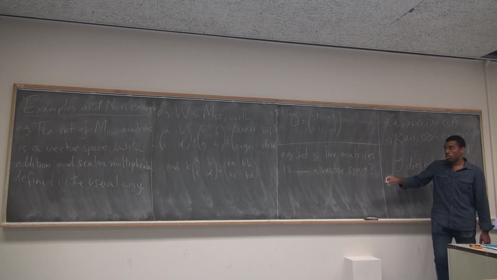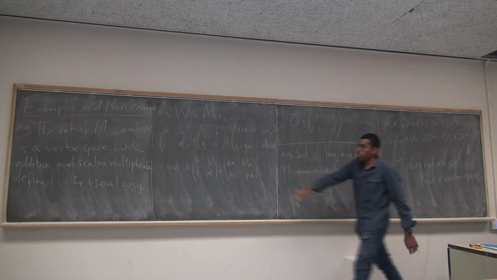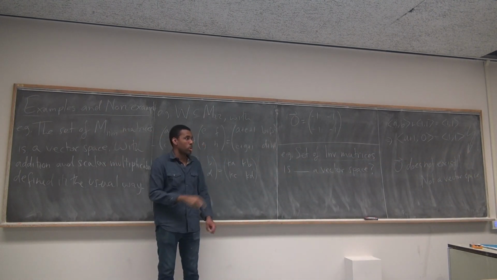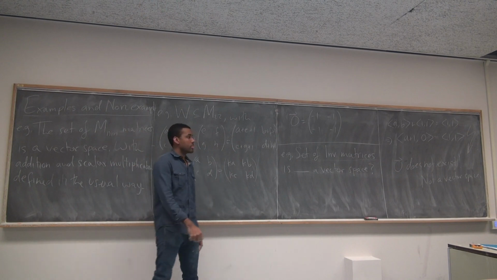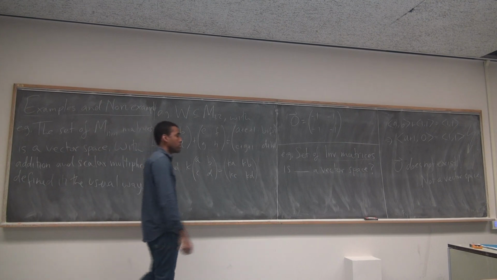I'm only looking at the invertible ones though. I'm looking at all the invertible matrices. I know the set of all n by m matrices is a vector space, but what if I only take the invertible ones? I take the set of all square matrices that are invertible.